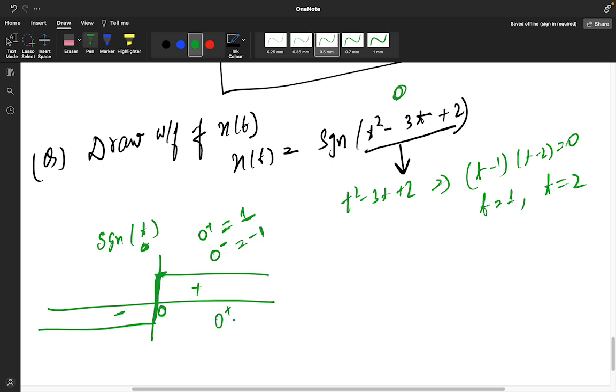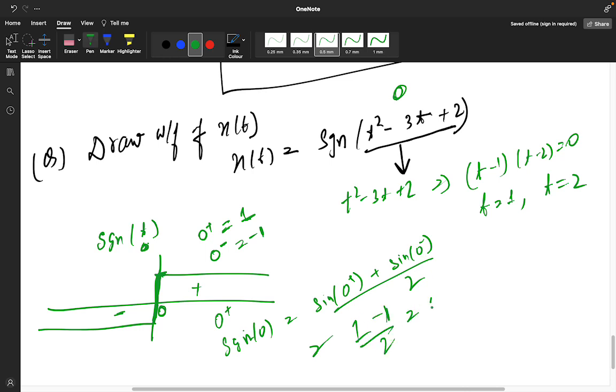You need to find the signum of 0. Signum of 0 is the average of signum of 0 plus and signum of 0 minus, divided by 2. Signum of 0 plus is 1 and signum of 0 minus is minus 1, divided by 2, so you get 0. So it looks like a vertical axis, but the value is 0 only.